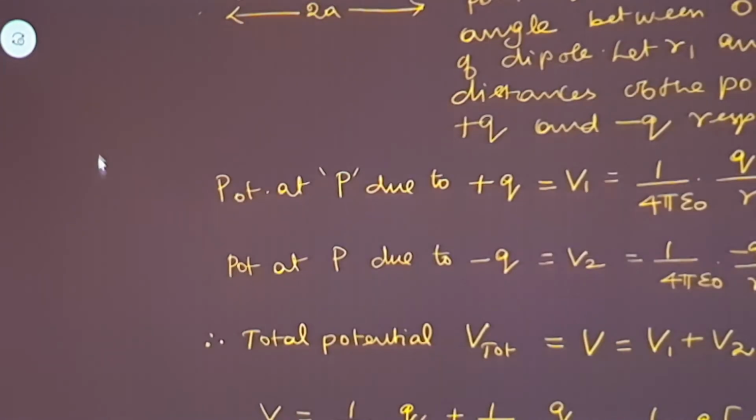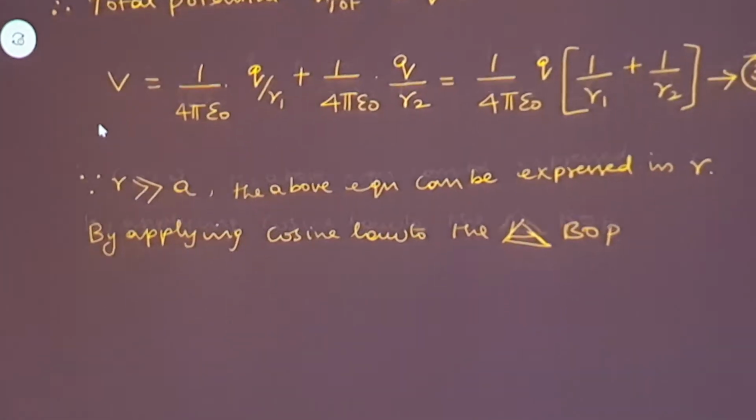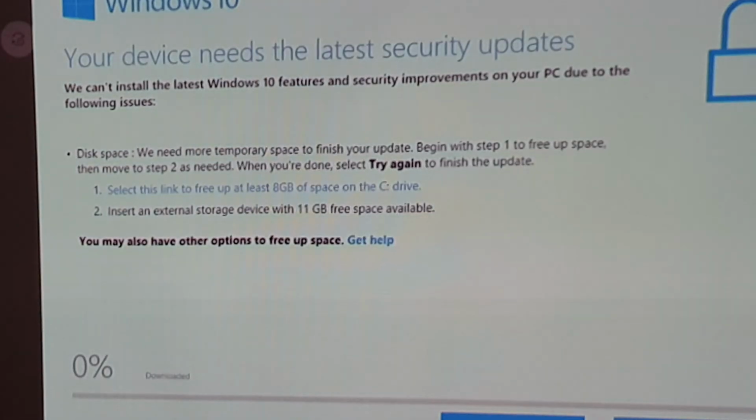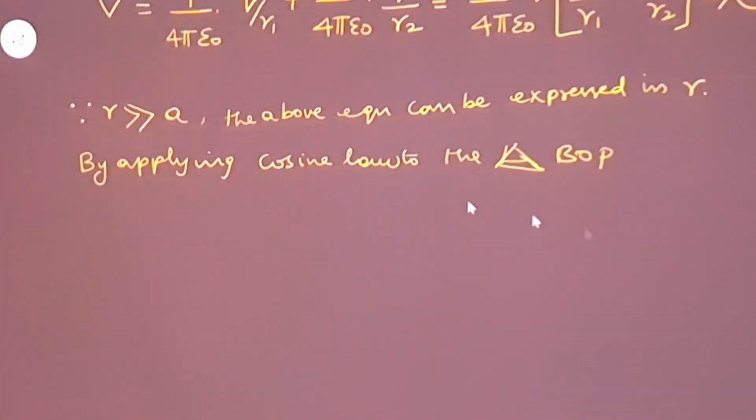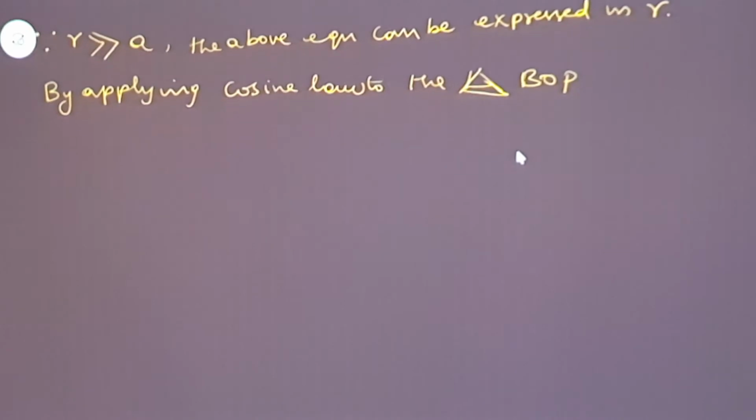So again, let us consider this. By applying the cosine law to the triangle BOP, you have studied that cosine law in your 11th standard while studying the properties of triangles. Look at the diagram.